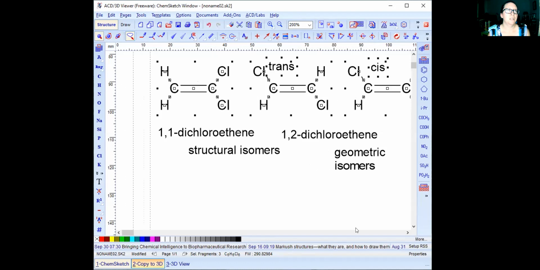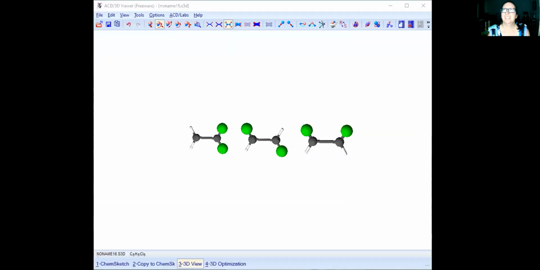So what we're seeing here is our 1,1-dichloroethene, because both of the chlorines are bonded to carbon number 1. This would be our 1,2.